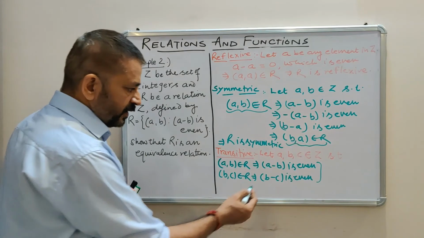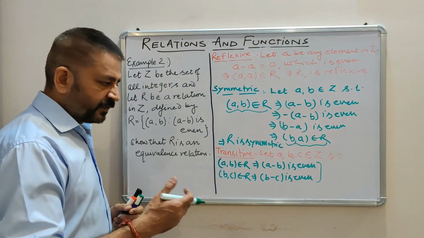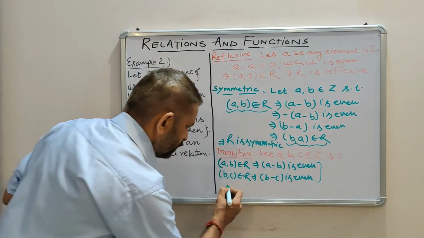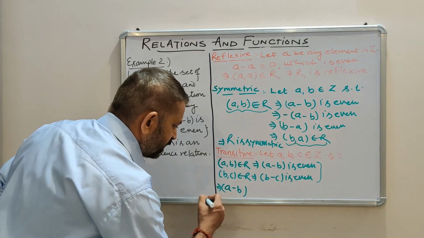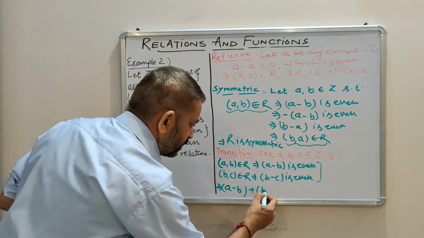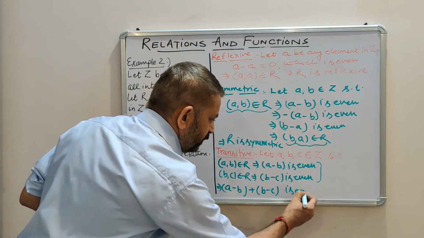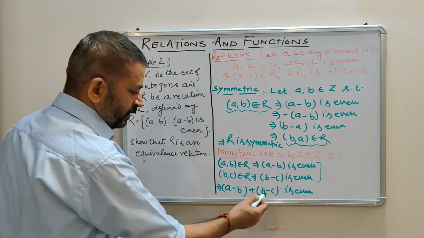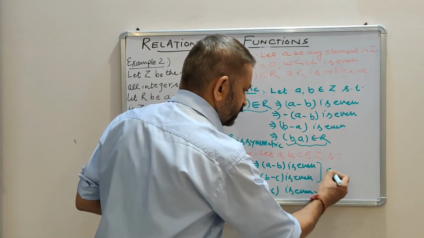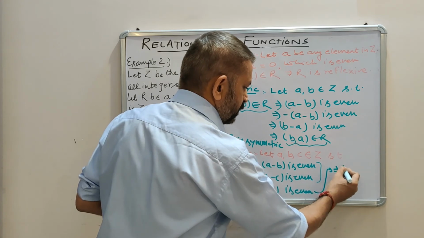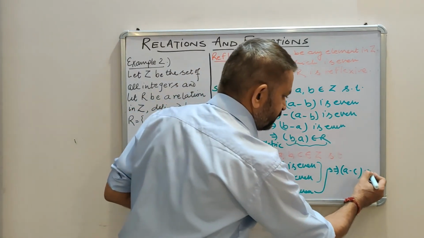For that, these two are even numbers. If we add them, so a minus b plus b minus c is also even. If you open the brackets, this b and b will be cancelled out. It means what is left? a minus c. a minus c is even.